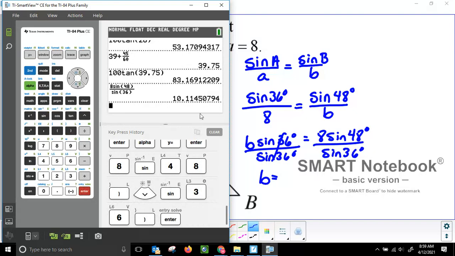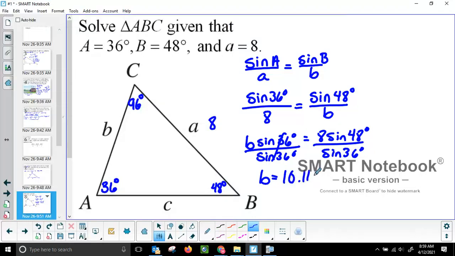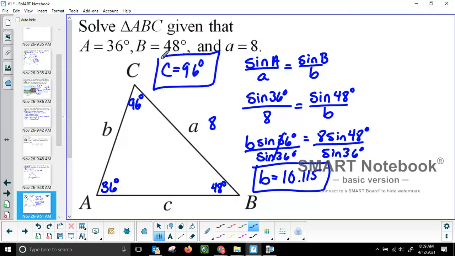Boom, 10 point, this is a side, so I'm going to round it to 3 decimal places, 10.115. So now we have found 2 of our 3 missing pieces.